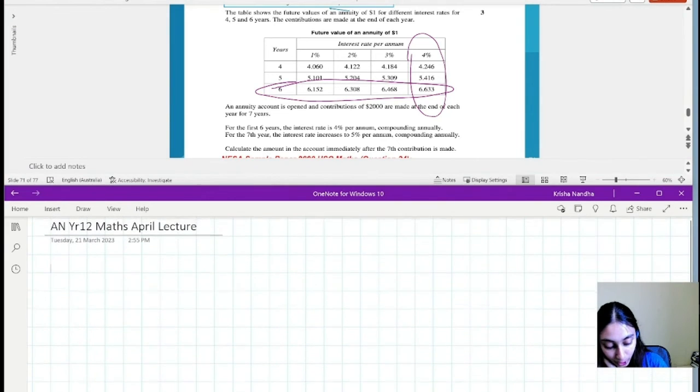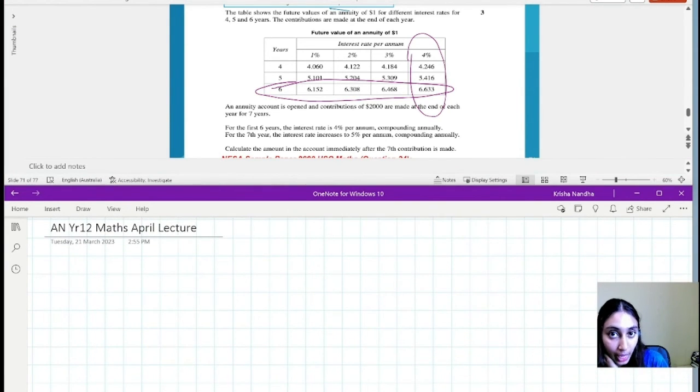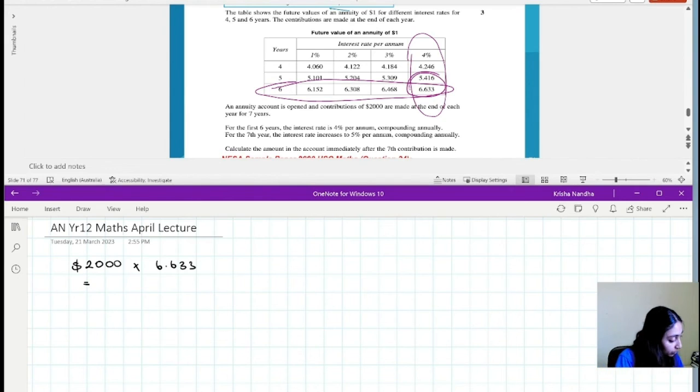What you need to do is take a look at the principal amount, how much you are contributing. In this case, we're contributing $2,000 each year, and we're just going to times it by 6.633, which will be equal to 13,226. So that's how much money you have in the first 6 years.